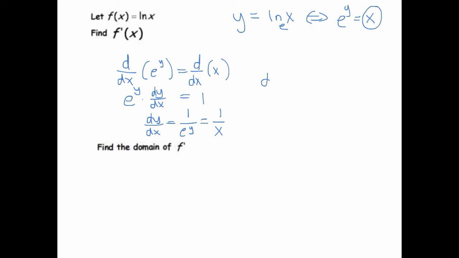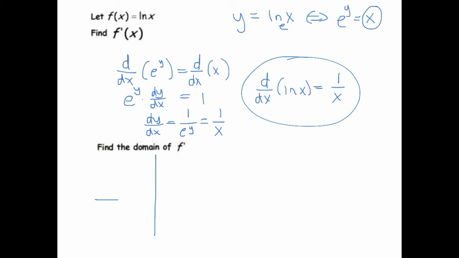So the derivative of the natural log is equal to 1 over x. I'm just going to make a comment right now about the graph of the function and its derivative. So here's a graph of ln of x. ln of x looks like this.